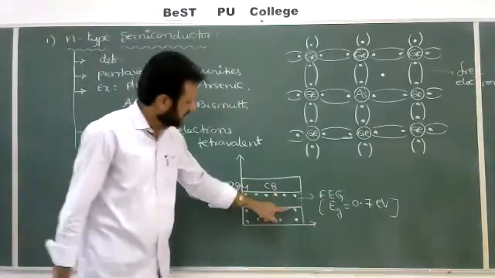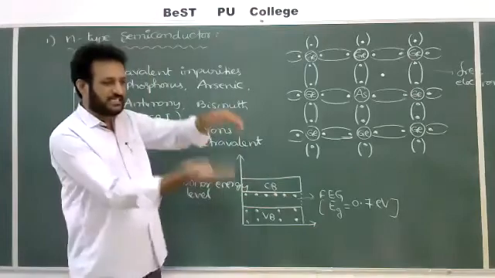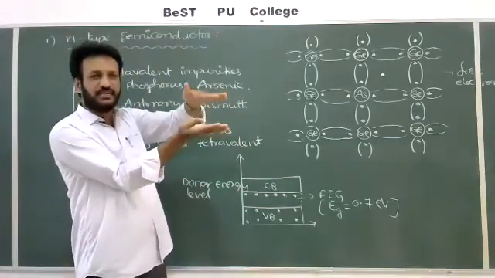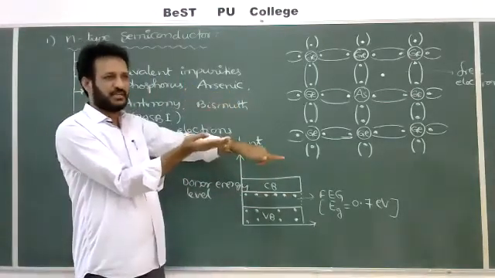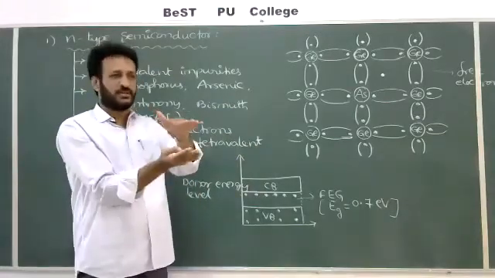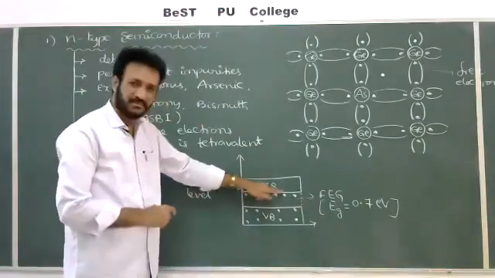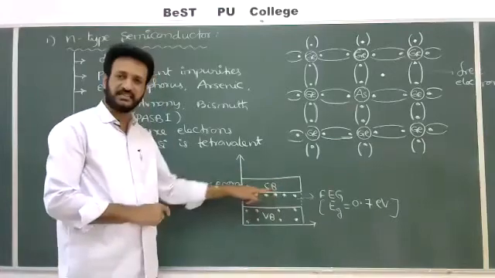But actually the total gap between the valency band and the conduction band is 0.7 electron volt for germanium, and 1.1 electron volt for silicon. But here, below the bottom of the conduction band, there is a donor energy level.